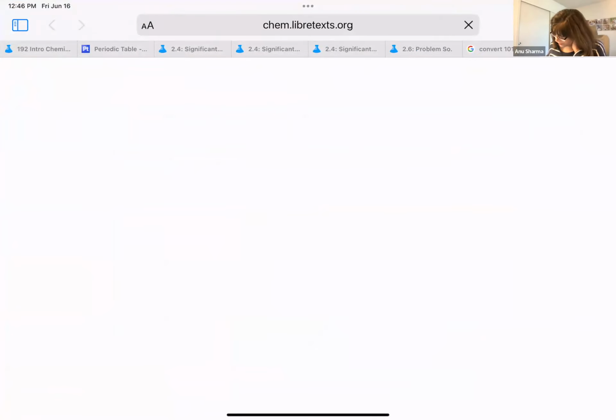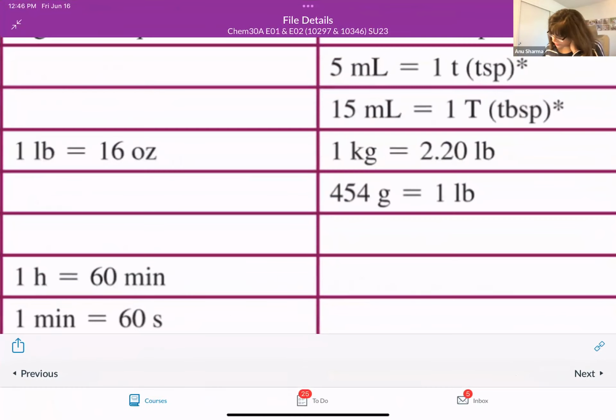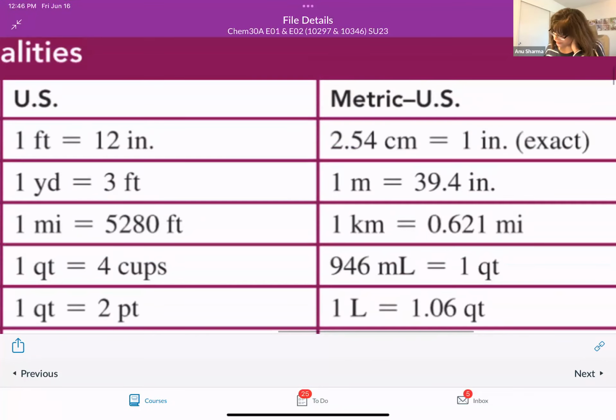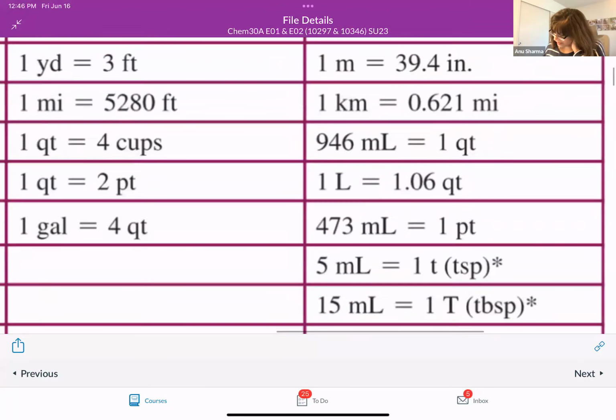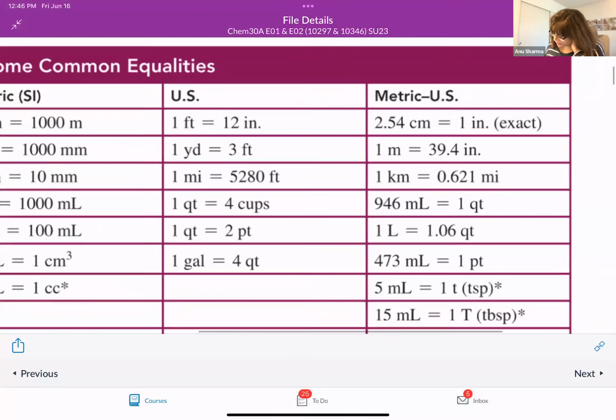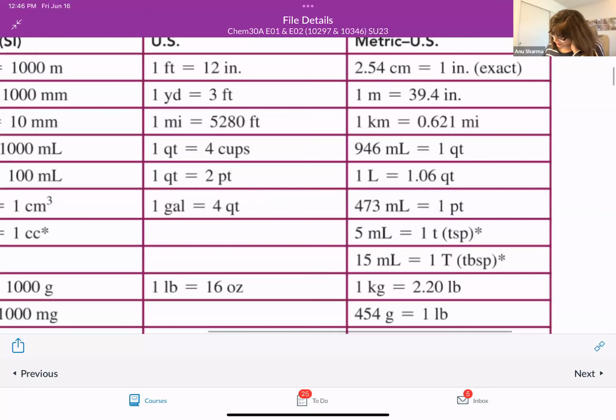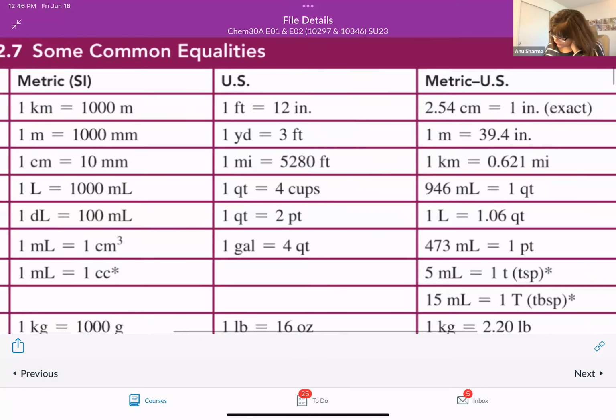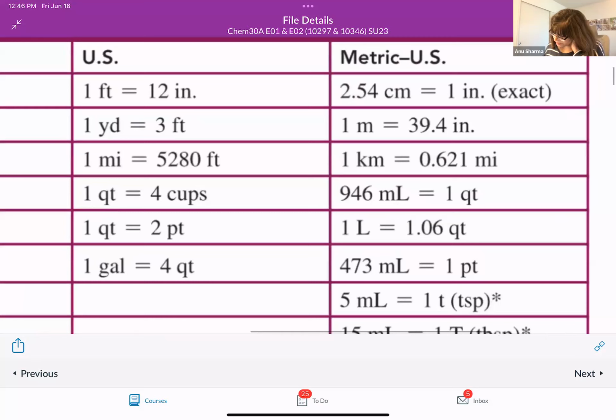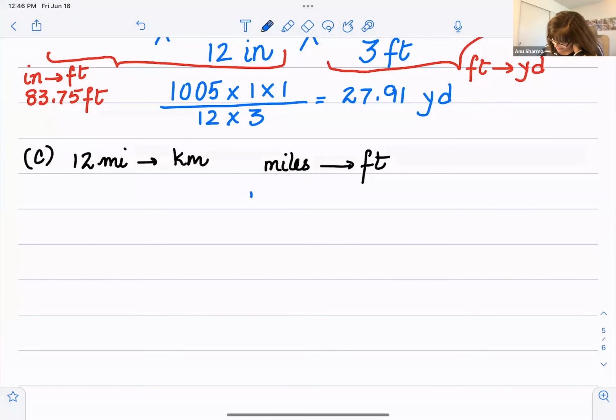Let's see, using this table, miles to kilometers. 1 kilometer is 0.621 miles.